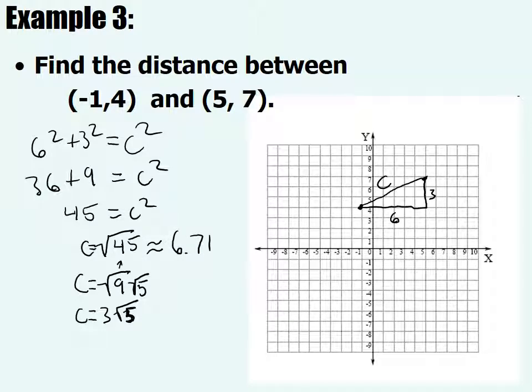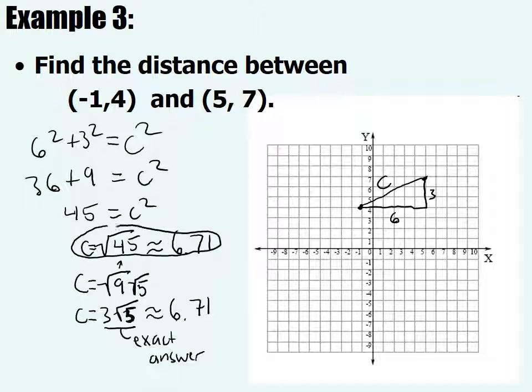If you do the same thing with 3 times the square root of 5, you'll get the exact same thing. This would just be called, like we said in the last slide, the exact answer. For right now, we'll probably just accept this, but just know if I ask for the exact answer, we're going to want to try and find those perfect square factors.